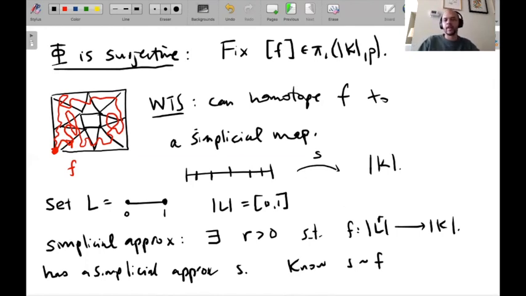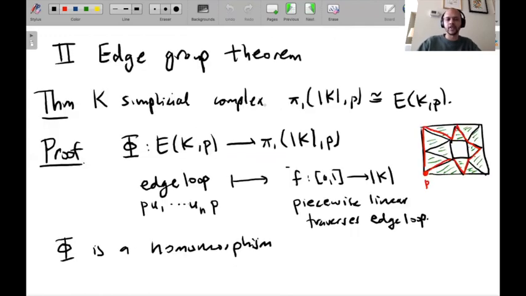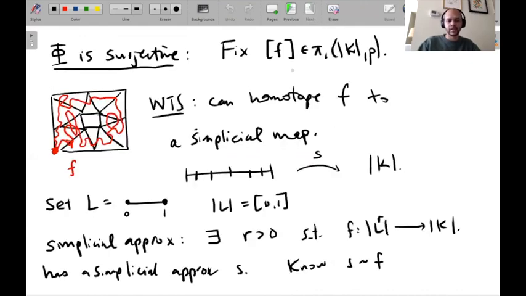After dividing, F is homotopic to this simplicial map, and that simplicial map gives us an edge path, which gives us an element in the edge group, which maps to F. Okay, so this is how it works.